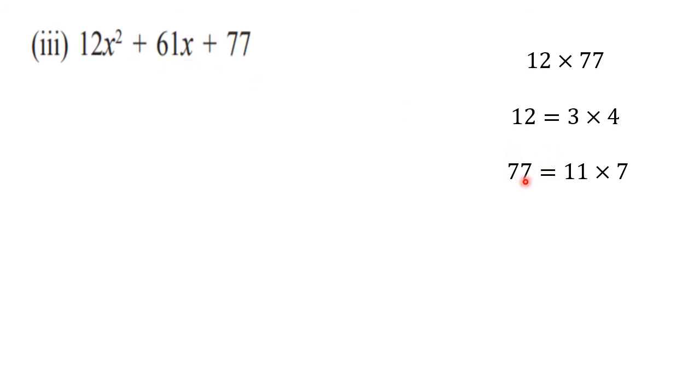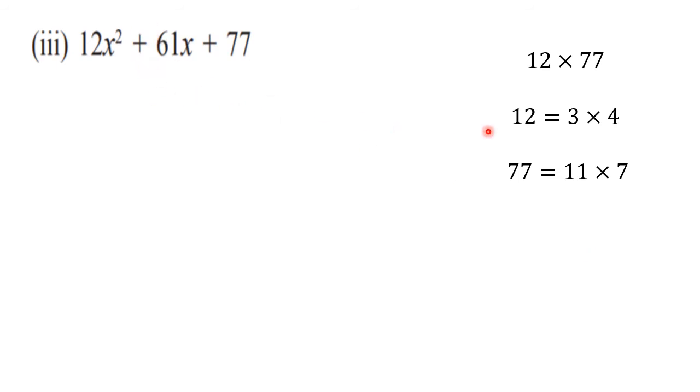See, this number itself is very big. So let's try here. For example, 11 into 4 is 44 and 7 threes are 21. 44 plus 21 gives 65. So again we are not getting the answer.